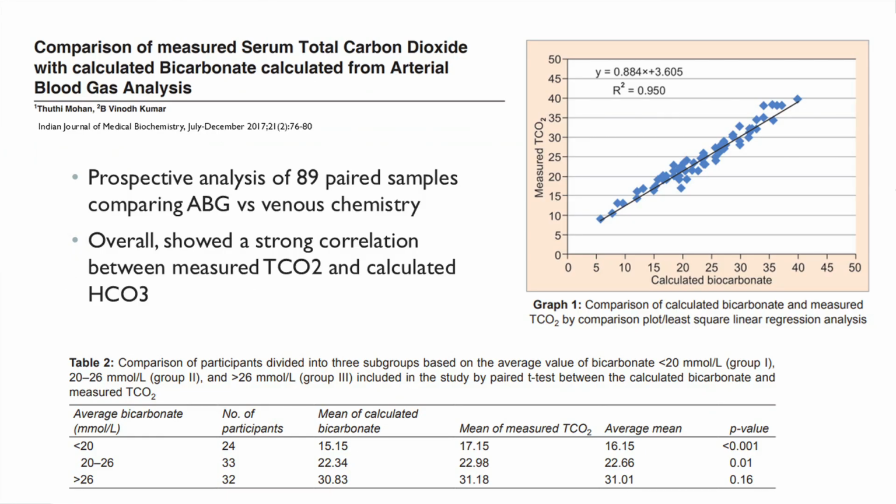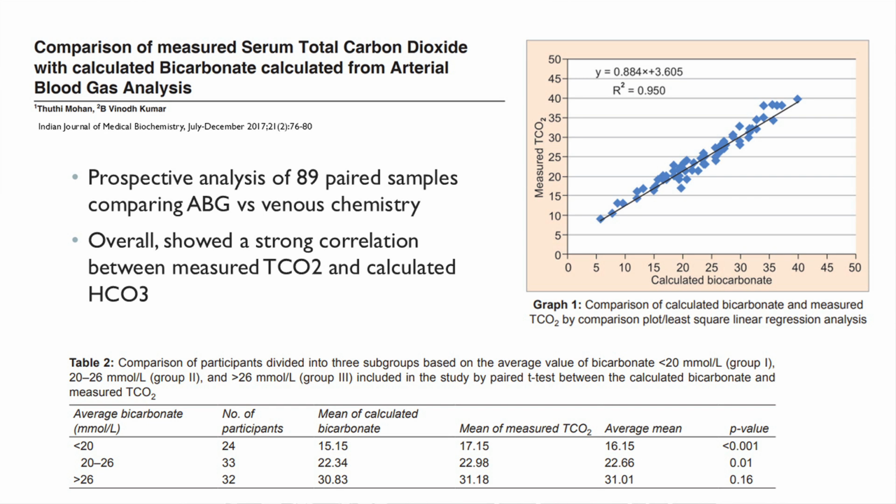Another sample, 89 paired samples, again showing strong correlation. This one, they separated the samples by the level of the bicarb, and they were trying to show that with a low bicarb, being less than 20, it was a little bit less strong of a correlation.